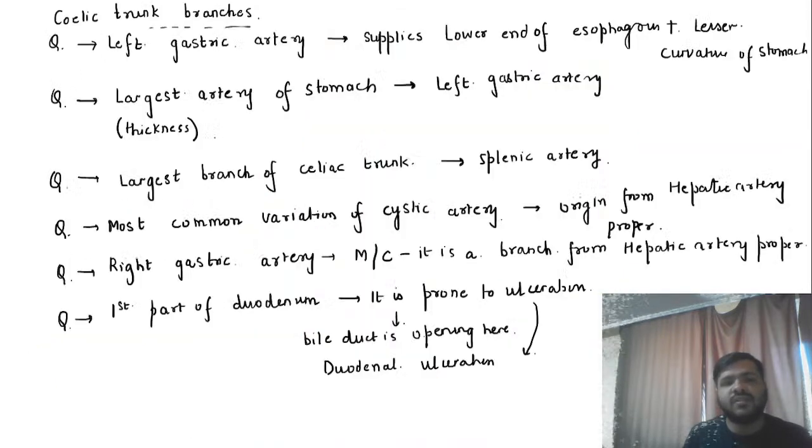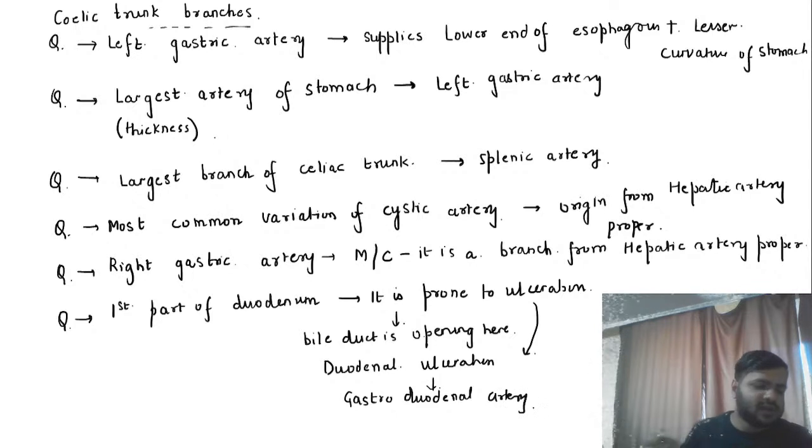So it is the one which will be eroded first. In duodenal ulceration, it can erode the gastroduodenal artery.